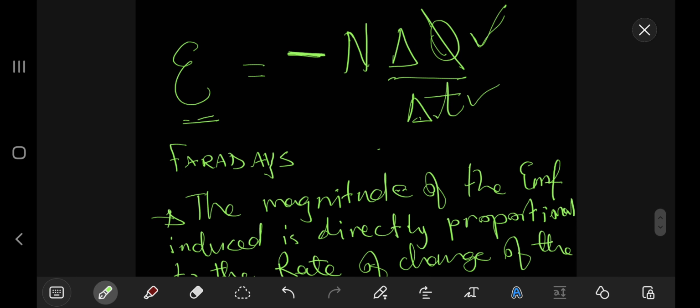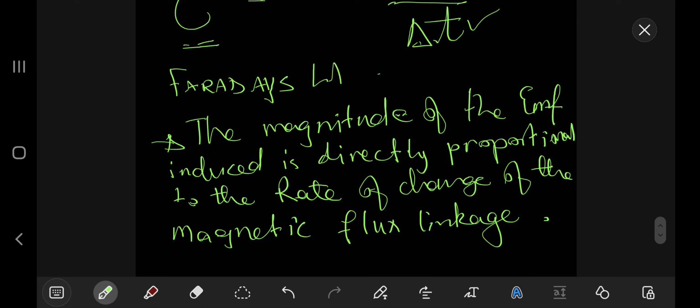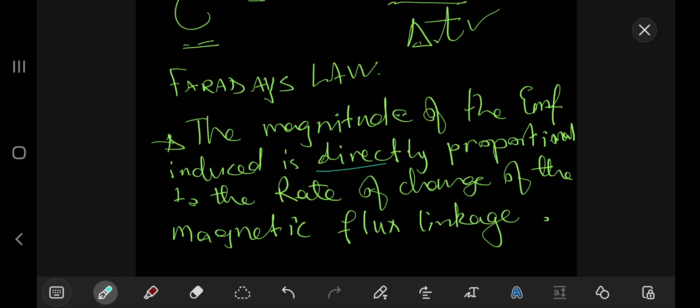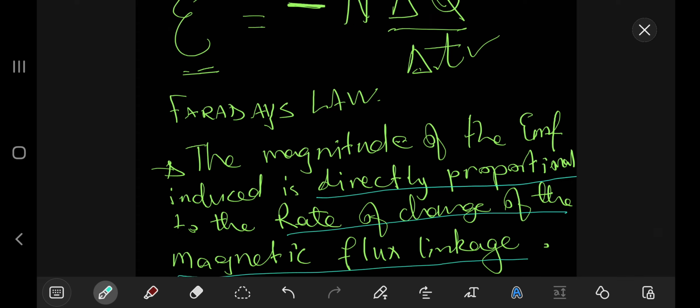So the magnitude of this EMF which is induced is highly dependent on the rate of change of the magnetic flux linkage, and that is Faraday's law. It states that the magnitude of the EMF induced is directly proportional to the rate of change of the magnetic flux linkage, right?